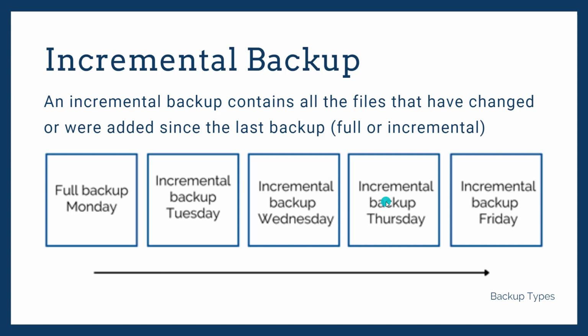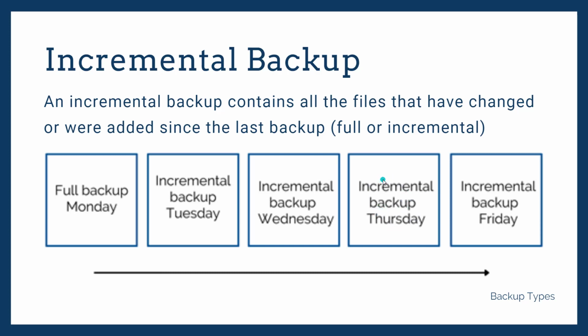Thursday will contain only the files that have changed or were added since the last backup. What was the last backup? Wednesday's backup. All right, and Friday, the same thing. Friday's incremental backup will contain only the files that have changed or were added since Thursday's, the last backup that was done.